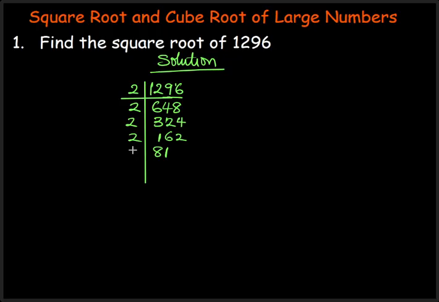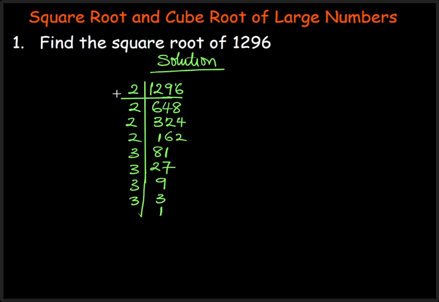At this point, we use 3. 3 into 81 will be 27. Then 3 into 27, that will give us 9. And then 3 into 9, that will give us 3. And then 3 into 3, that will give us 1. So we've carefully done our division.